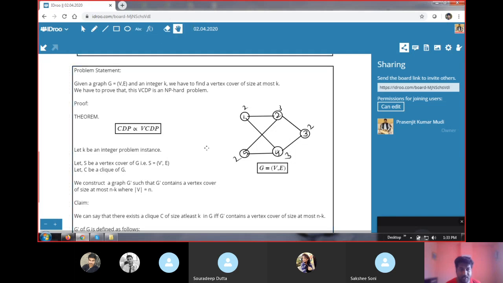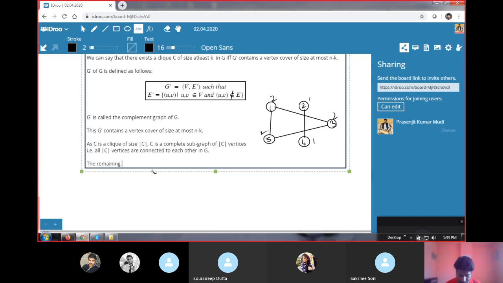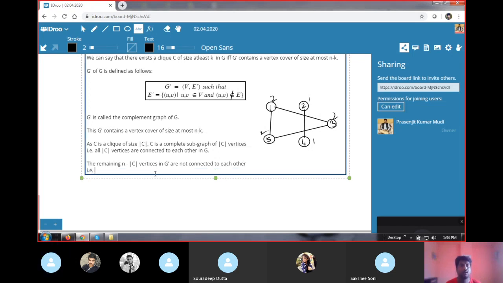That is, we have a total of n vertices in the graph G. So the remaining n minus mod C vertices in G dash are not connected to each other.